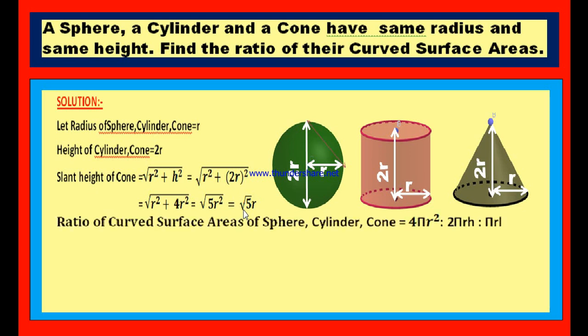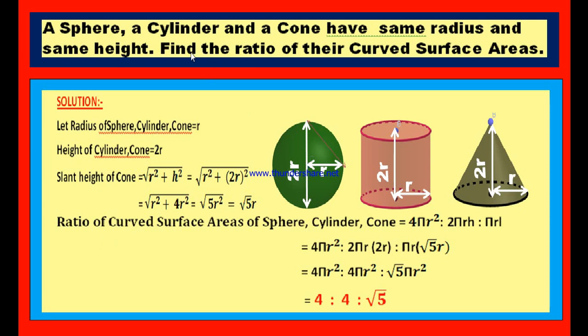Now let us go for the ratio. Ratio of curved surface areas. You see, find the ratio of their curved surface areas. Therefore, ratio of curved surface area of the sphere, cylinder and cone is equal to, the formula to find CSA of the sphere is 4 pi r square. The formula to find CSA of the cylinder is 2 pi r h.